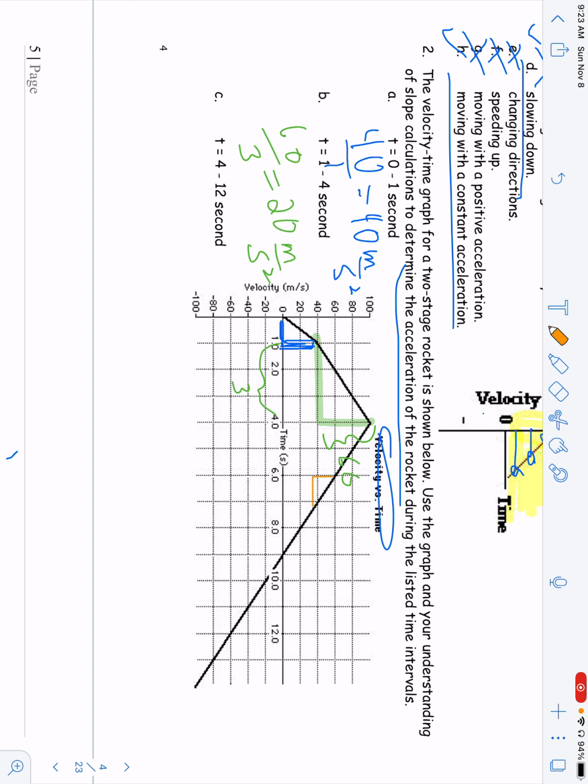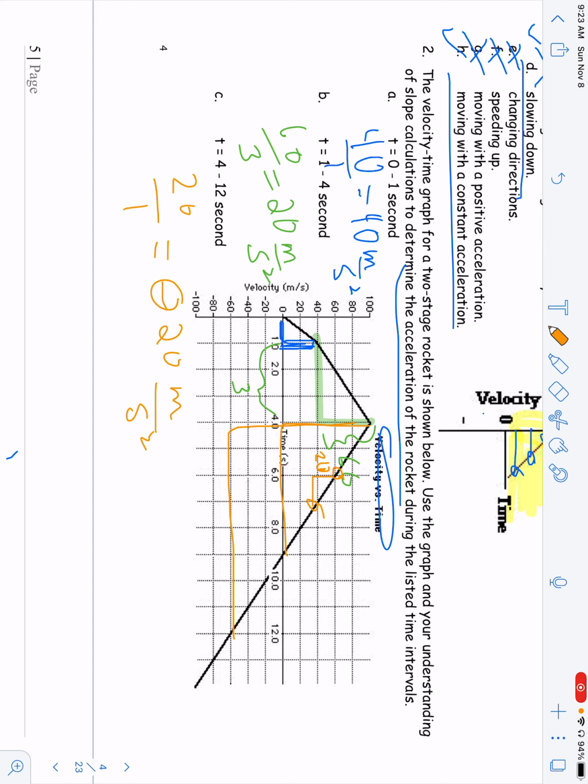Let's pick the easy one. If it hits corners of a grid box, you're fine. 60 minus 40 is 20 for the rise, and the run is 1. But it's negative 20 meters per second squared, negative because it's going downhill.